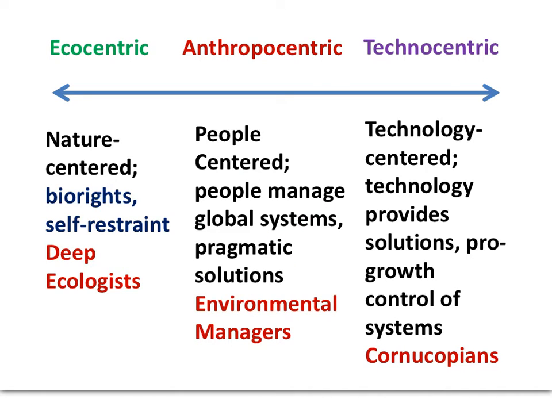And the decisions made by the technocentric spectrum of an environmental value system would be technology-centered, where technology provides solutions, a pro-growth control of systems. Remember that from one to the other, and everything in between, our environmental value system is shaped by our education, our culture, our socioeconomic position, our religion, our experiences, and the media. And there is no wrong environmental value system.